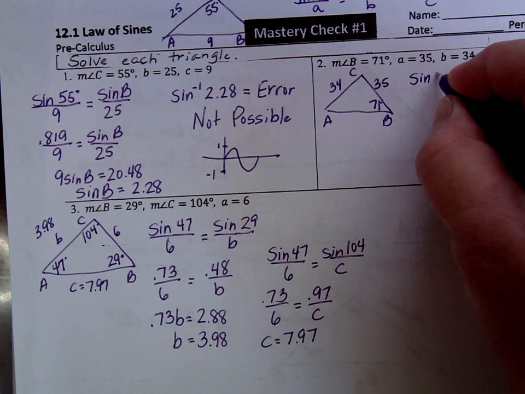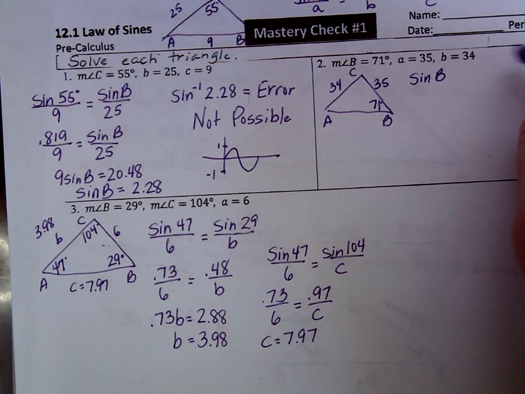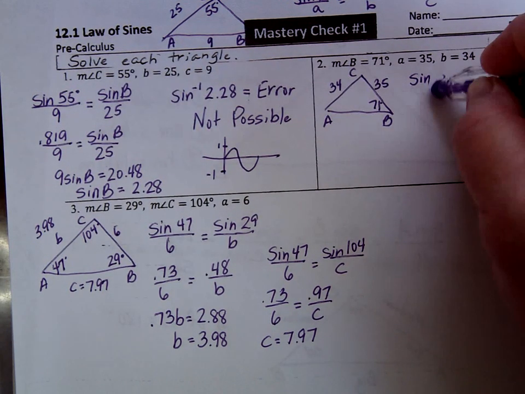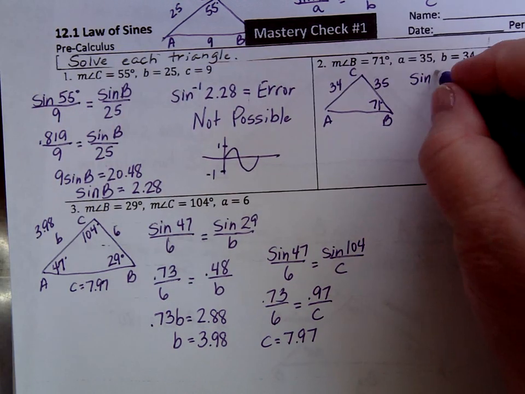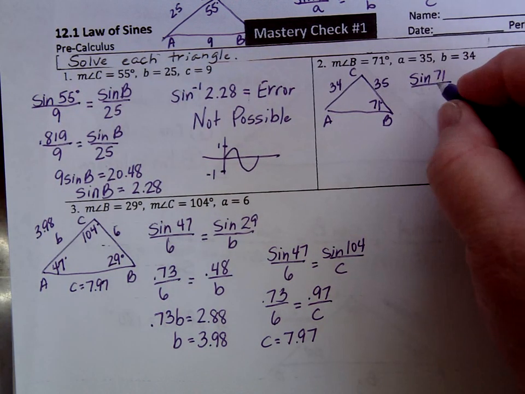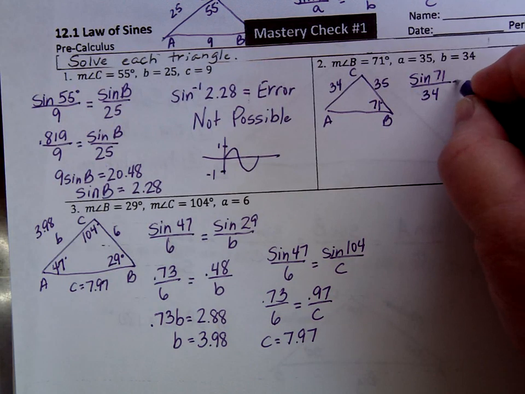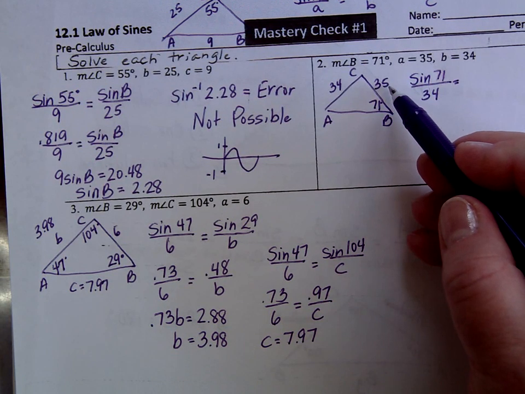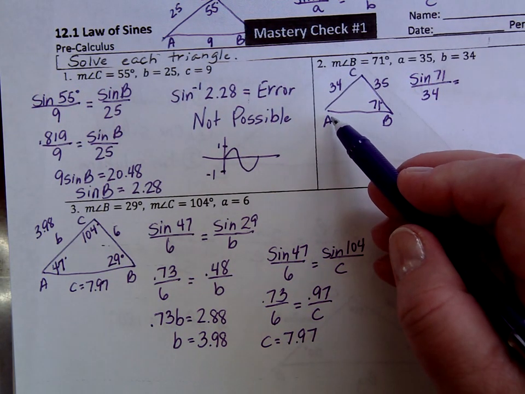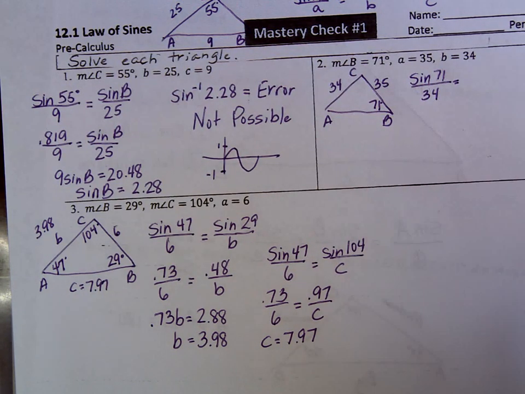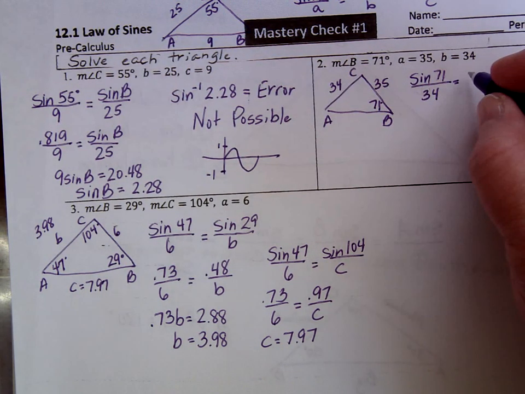The sine of B, which we know is 71. Put that in there. Save myself a step. Sine of 71 over 34 equals, I only know something about a, so I'm going to go for finding little a. They didn't tell me anything about c, and so I'm going to have to save that for later. So I've got the sine of a over 35.